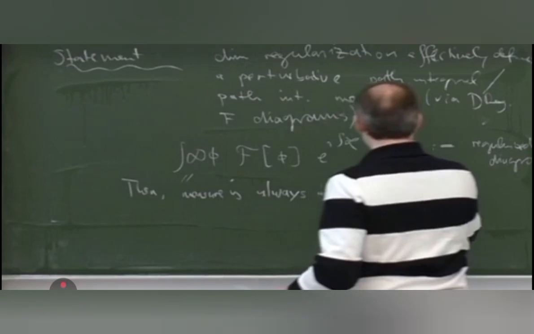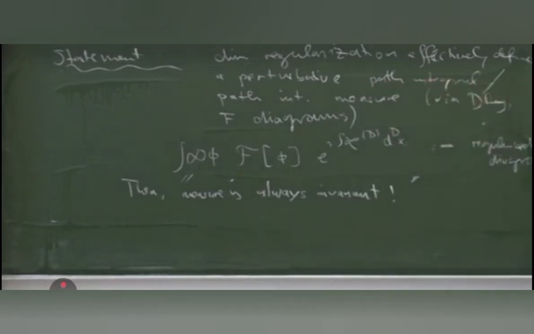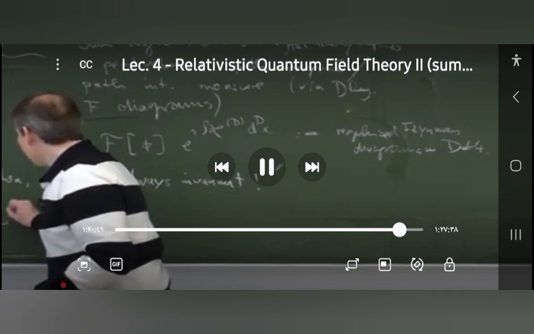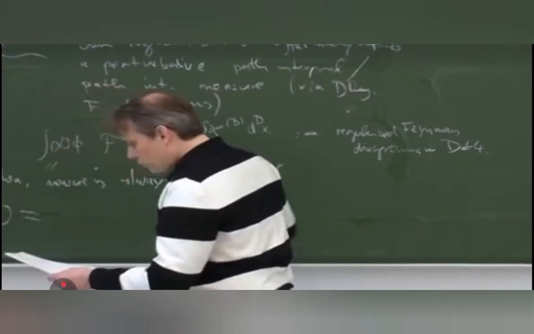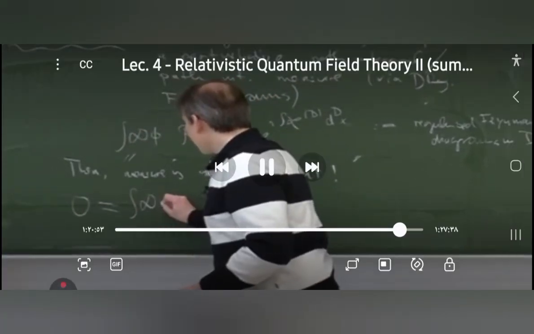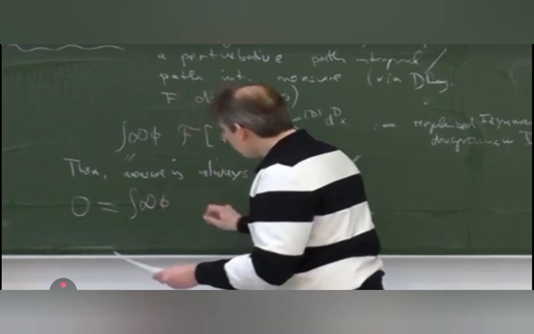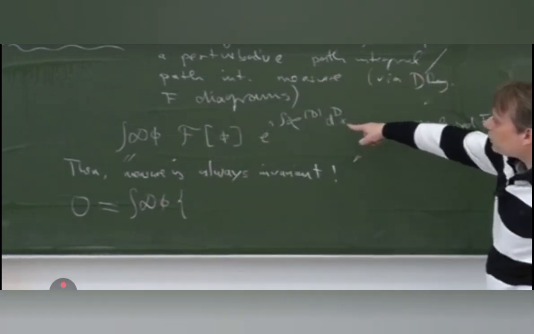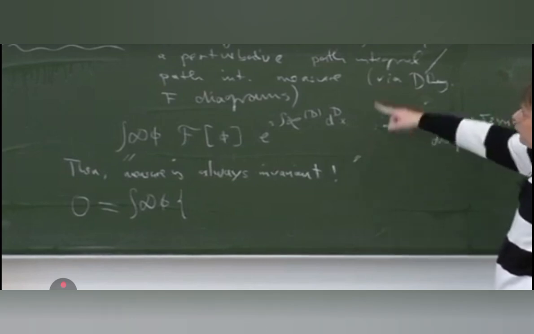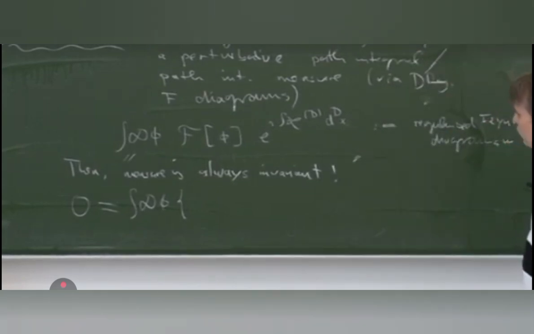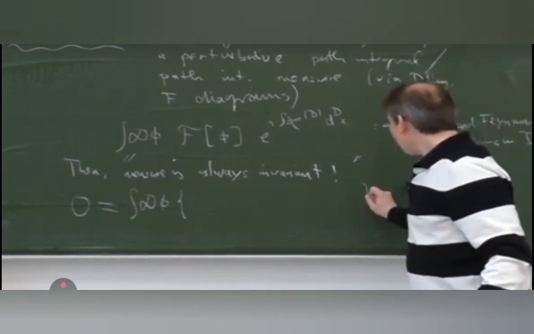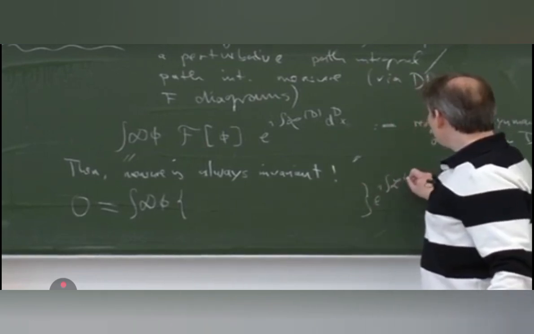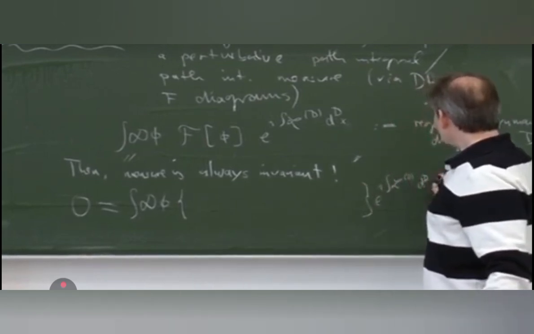So this would be the loose statement, and what it means technically is the following equation: 0 is equal to the path integral of the thing that you would obtain by doing the naive path integral manipulation from before, namely factoring out e to the i times the action in d dimensions.